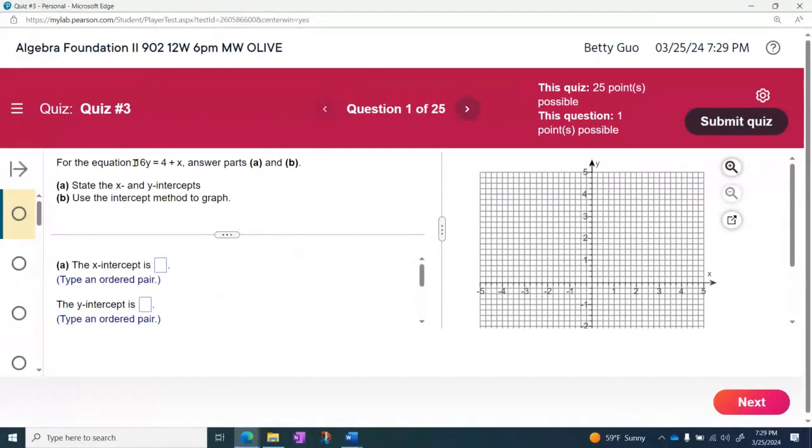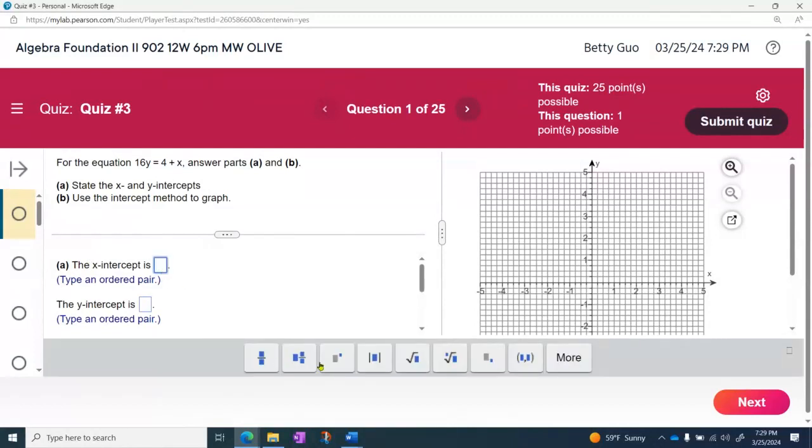So for the x-intercept, type a pair. X-intercept, so y value is 0. So I'm going to put a 0 here first. And x value, we make y be 0 here.